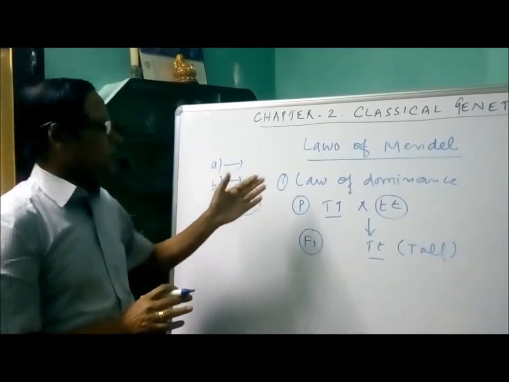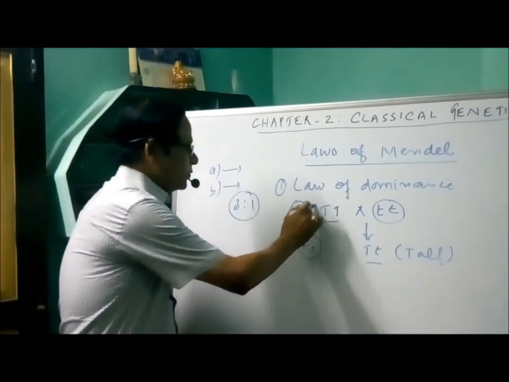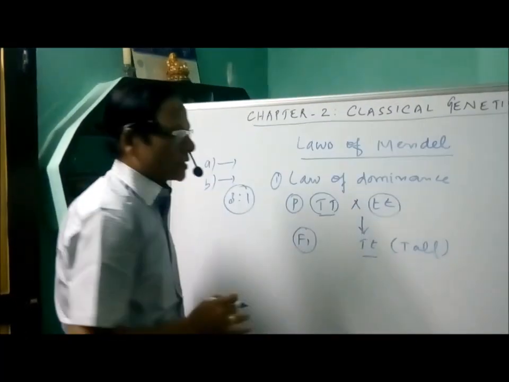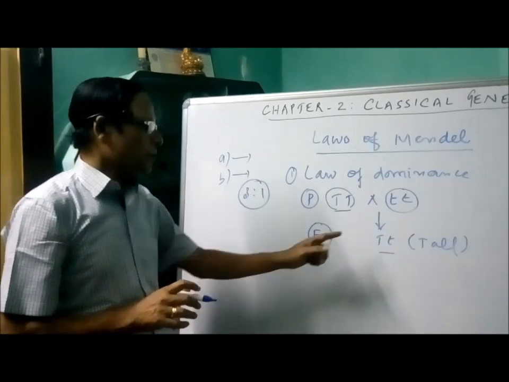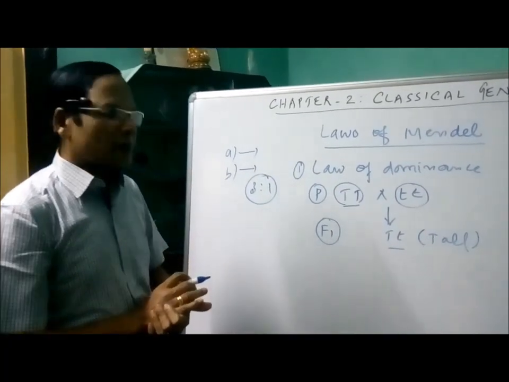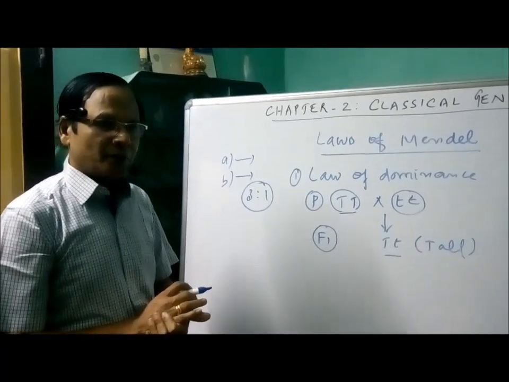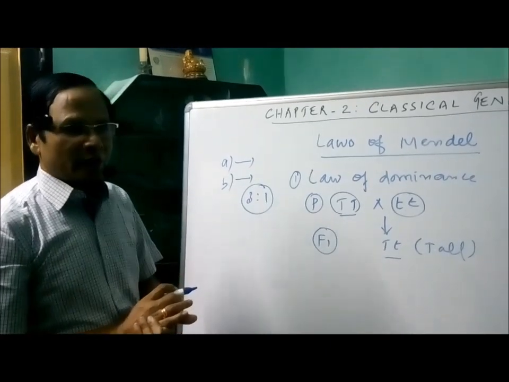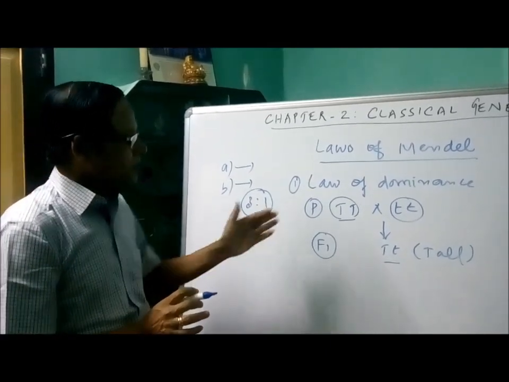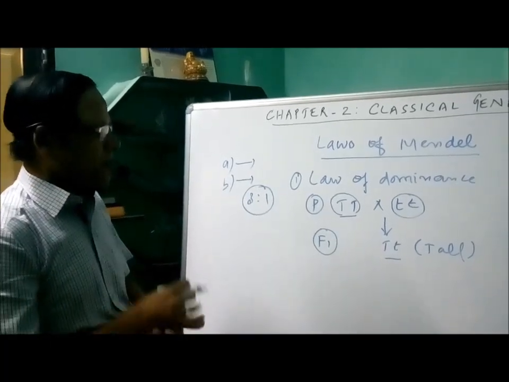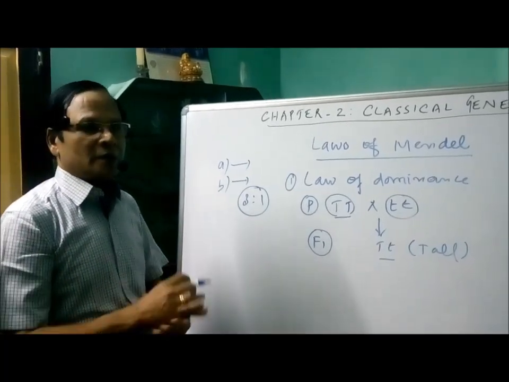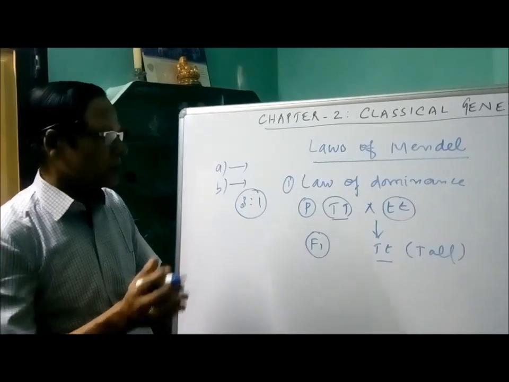So again, what is the law of dominance? When two individuals which are pure for contrasting characters of a pair are crossed, only one character appears in the F1 generation, and that is called the dominant character, and the gene is called the dominant factor. The one which is not seen in the F1 generation is called the recessive factor.